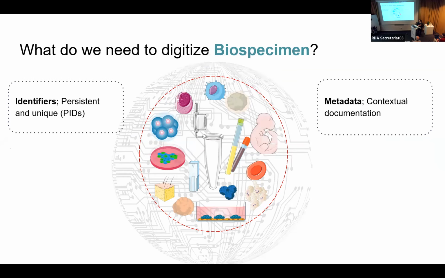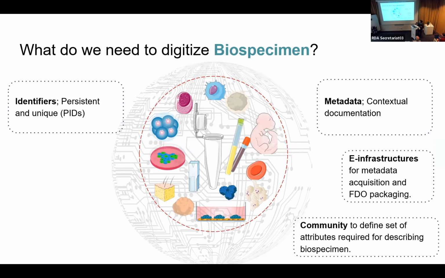And the way to do this, in our opinion, amongst other things, is to have persistent identifiers and metadata. And metadata requires also infrastructures that need to be improved, or need to be created in some instances, but it also needs to be user-friendly and integrated in the way that the researchers currently work.